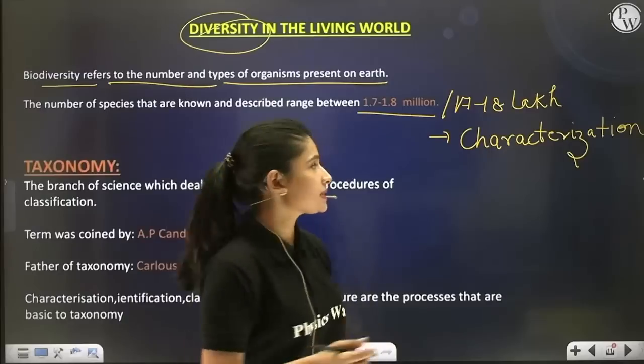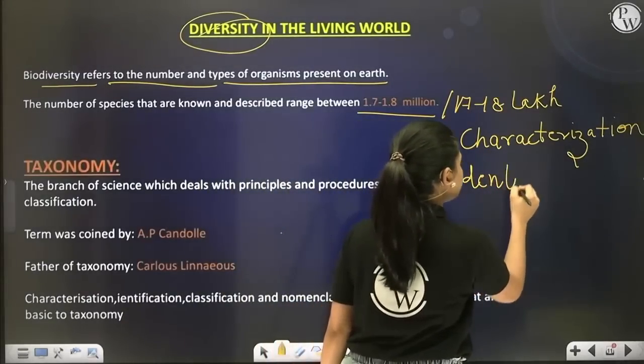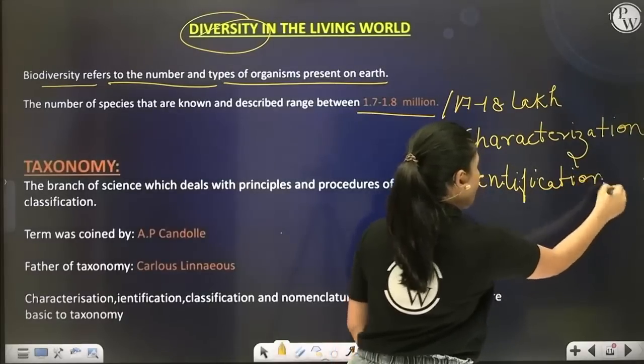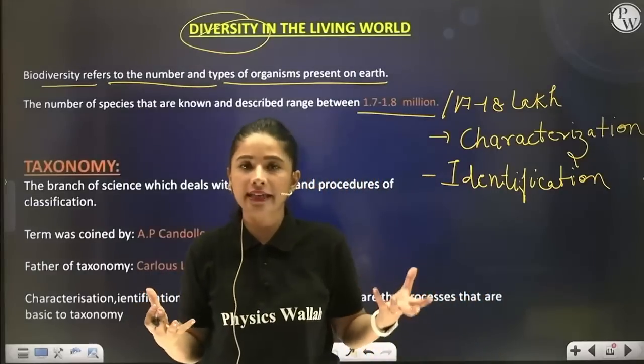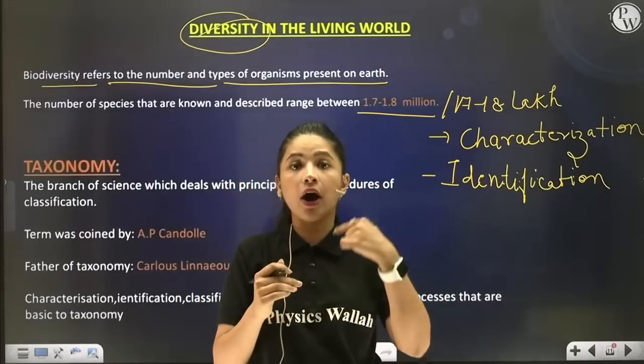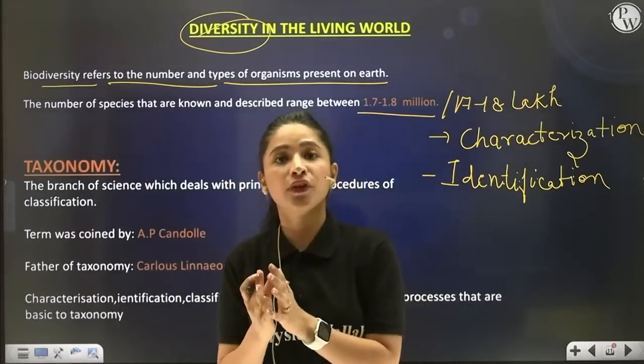So second step is identification. Now obviously, when you have studied the characters, when you have seen that organism, you have identified that organism. So third comes classification.